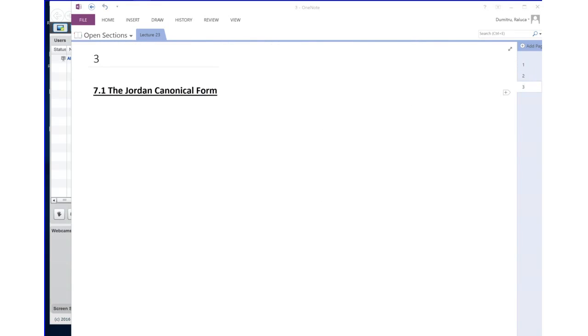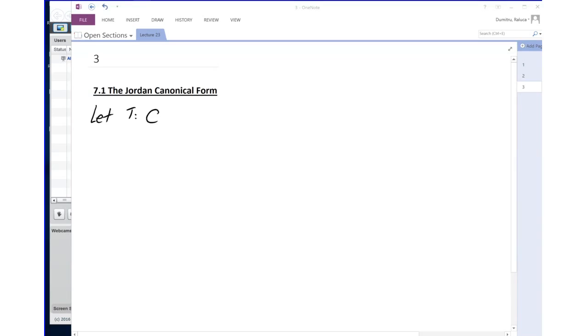Let's just start taking a look into the Jordan canonical form. This will be a pretty long section. I'm going to start by looking at an example and kind of building the entire theory here.